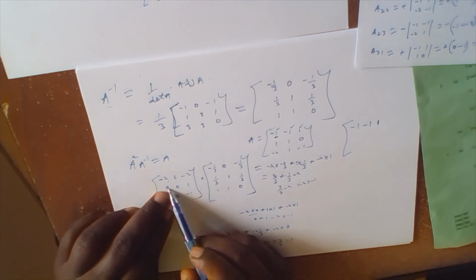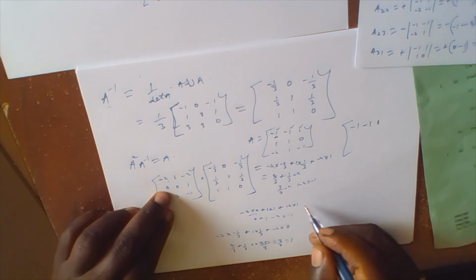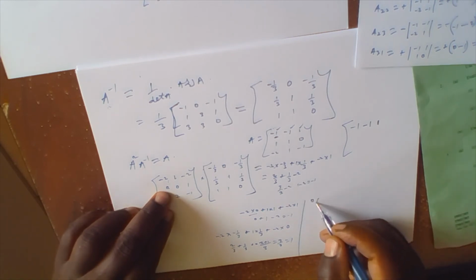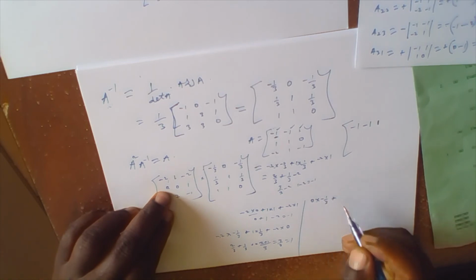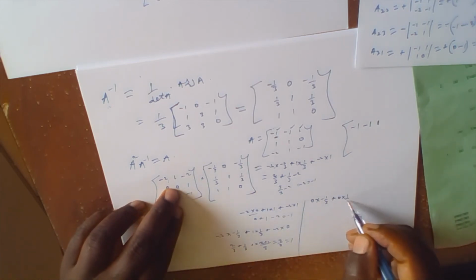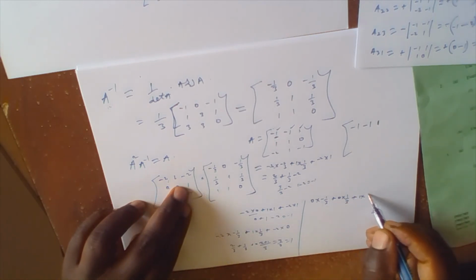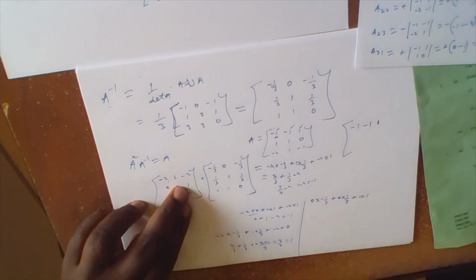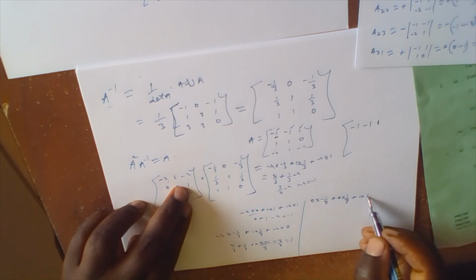We shall take now 0 times negative 1 all over 3 plus 0 times 1 all over 3 plus 1 times 1 times 1. Of course this is 0, this is 0, so we have 1 times 1, we have 1.